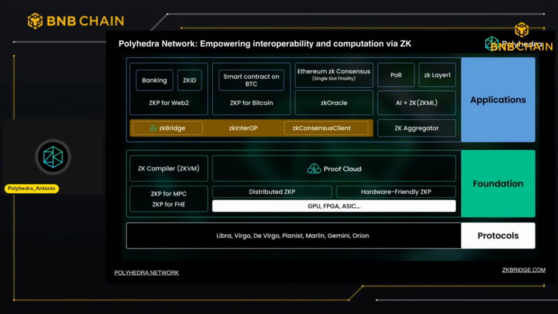The graph you are seeing here is the tool set that we will be providing to you during your development, and this is also the tool set that we are using. Specifically, at the very bottom level, we have those wonderful protocols which are open sourced, and you can choose any of those, including Libra, Virgo, dVirgo, Pianist, Martin, Gemini, Orion.